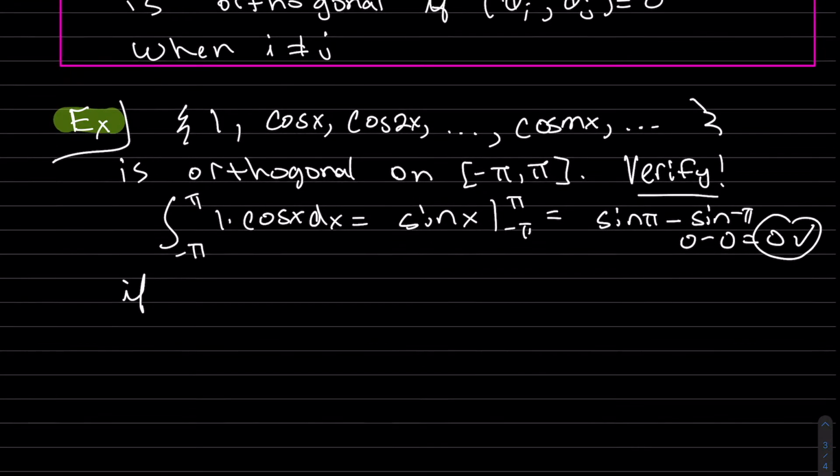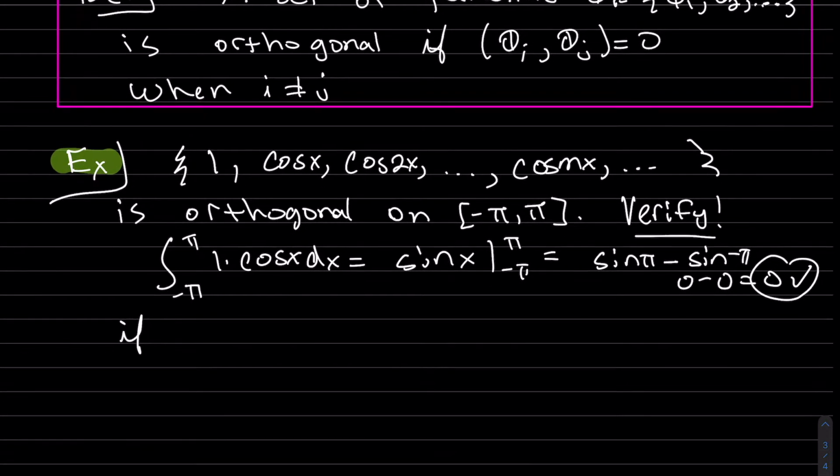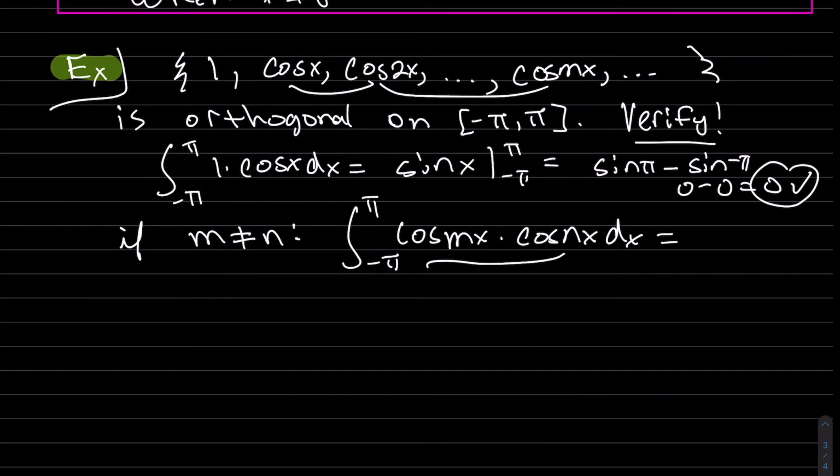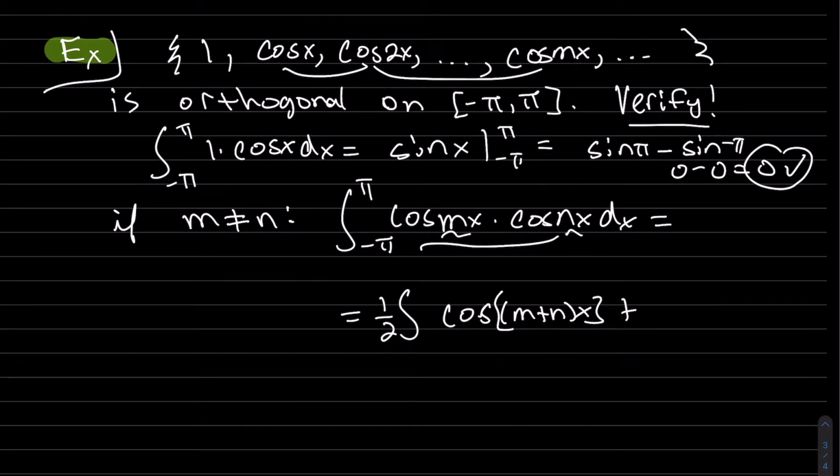Then for any other two, these two or these two, we use the product-to-sum formula: the product is half the cosine of m plus n times x, plus the difference of the angles, m minus n times x, dx, from minus pi to pi.